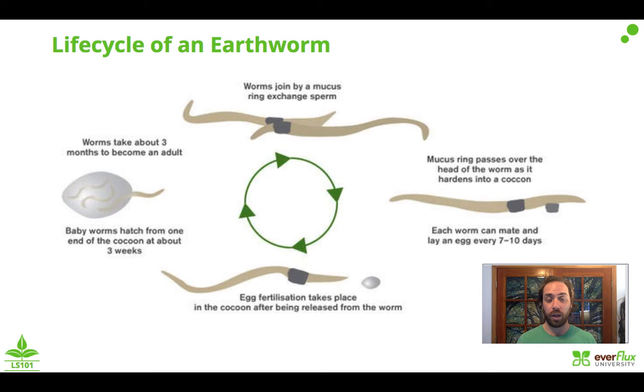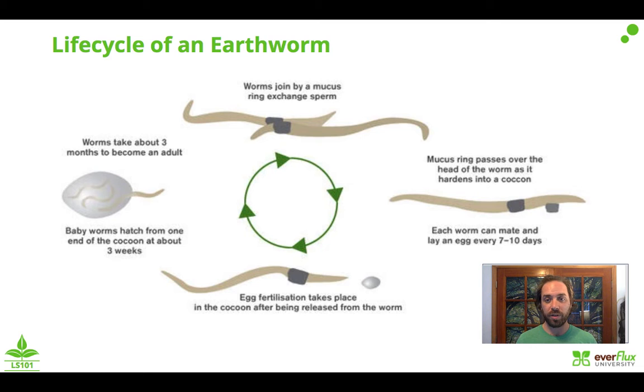So in addition to cultivating earthworms in your soil, we're also going to encourage you to breed worms outside your soil and to have your own worm composting bin where you can create your own worm castings. We'll talk more about that in a little bit, but first let's get familiar with the earthworm and the life cycle of an earthworm.